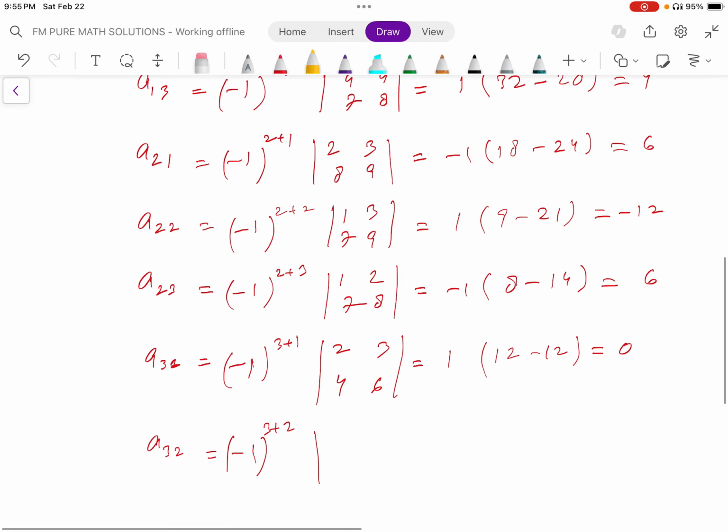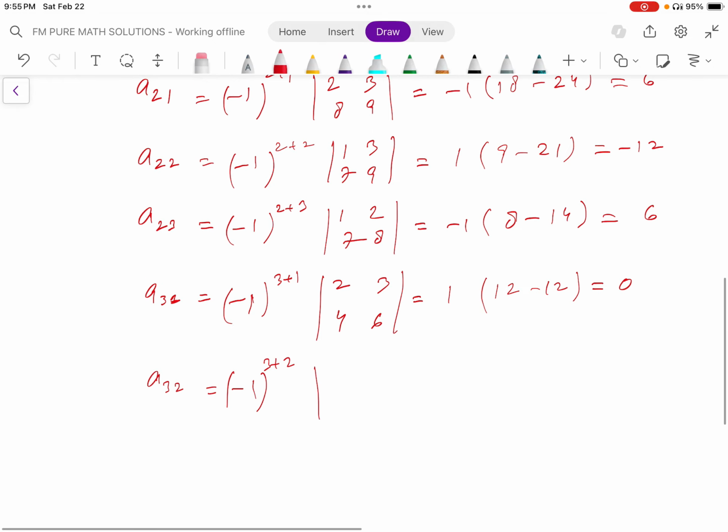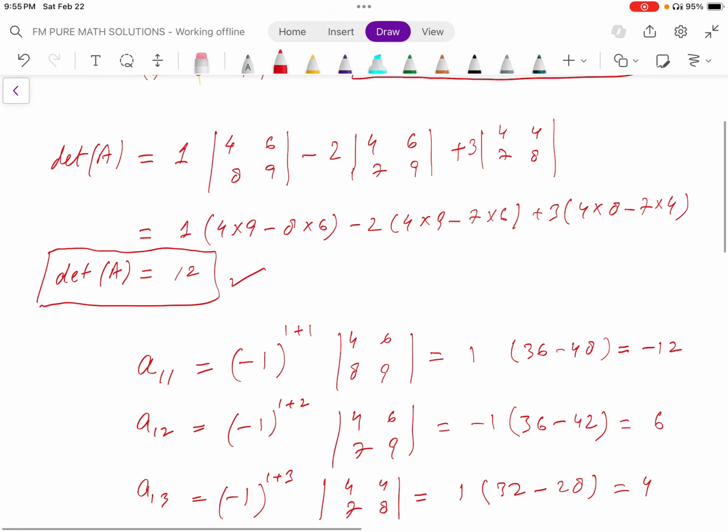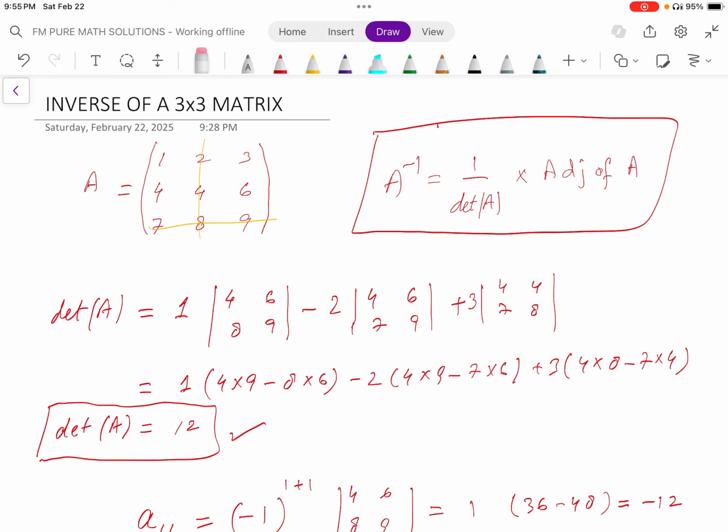So it's 1, 3, 4, 6. So this is minus 1 times 6 minus 12, so it's minus 6 times minus 1, plus 6 again. And the last one is A33, minus 1 to the power 3 plus 3, third row, third column.